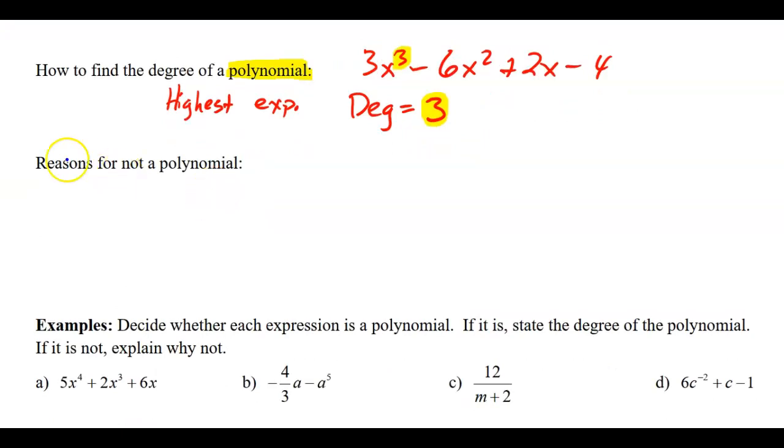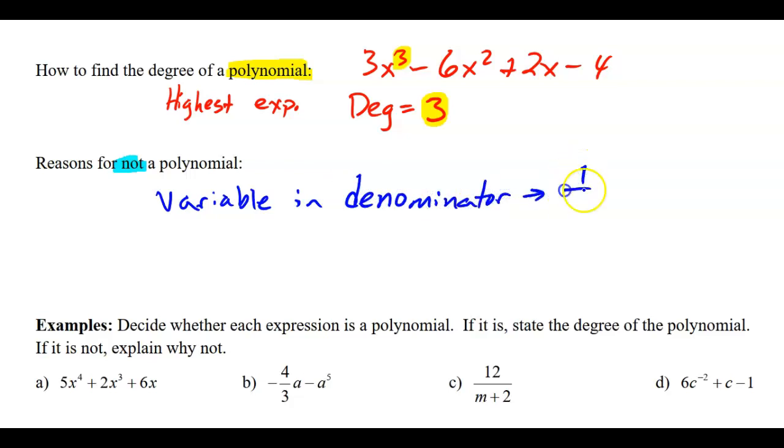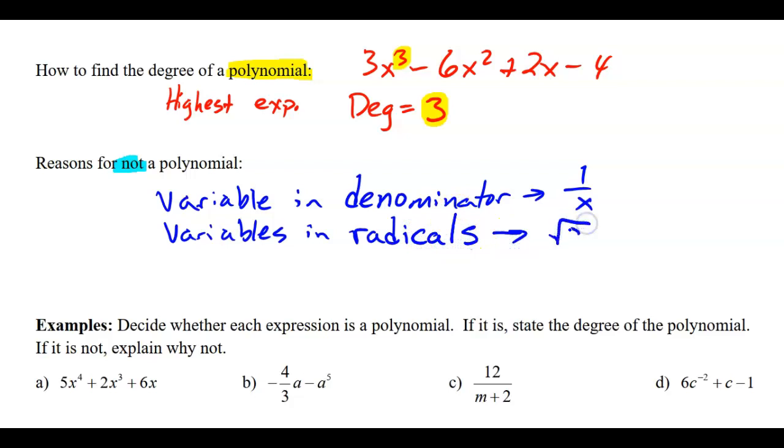So for not, variables in the denominator, 1 over x, variables in radicals, so like square root of x, cube root of y won't work, and different exponents.